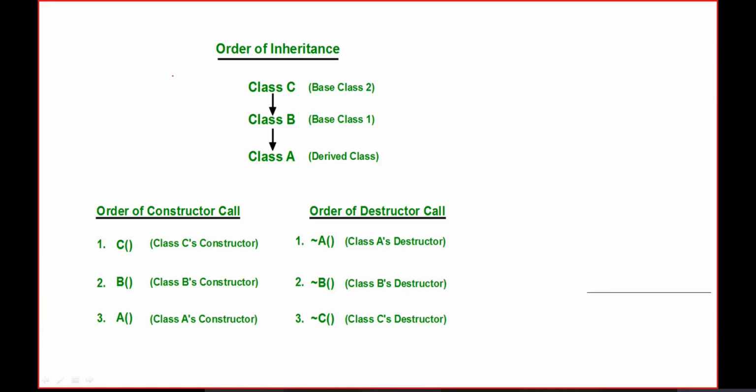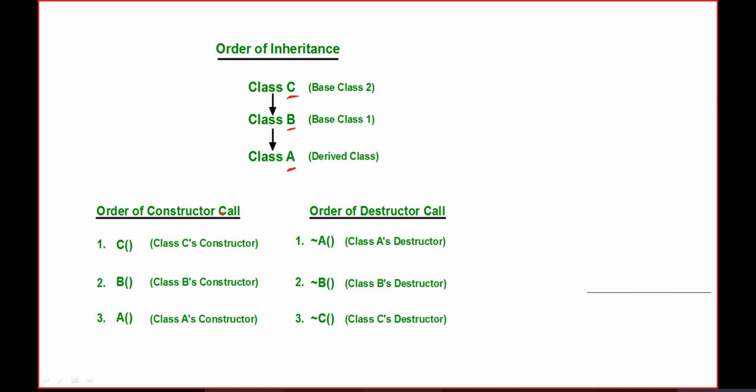So order of inheritance is explained and order of calling of constructors is given. Suppose we are having such an inheritance scenario, class C, class B and class A. Class C is getting inherited in class B. Class B is getting inherited in class A. So in this case, the order of constructor call will be something like this.